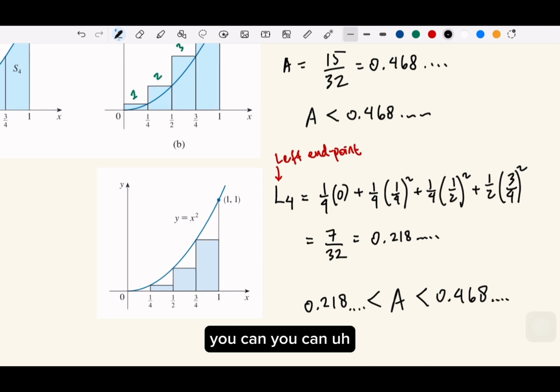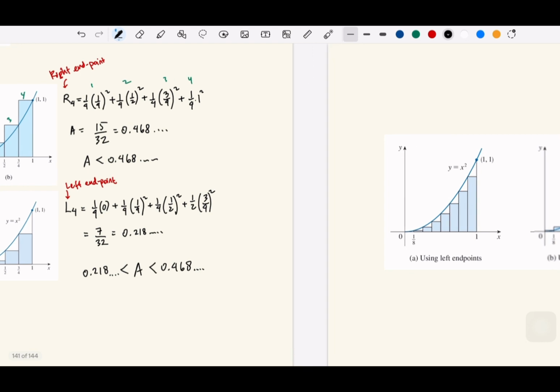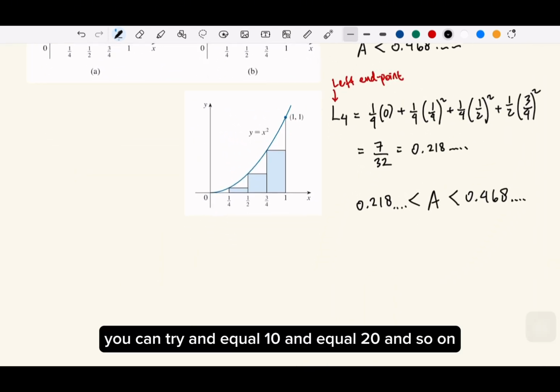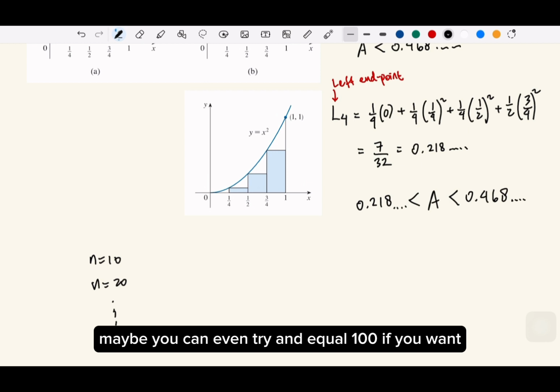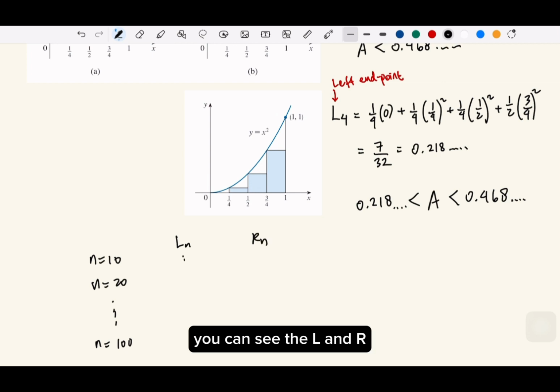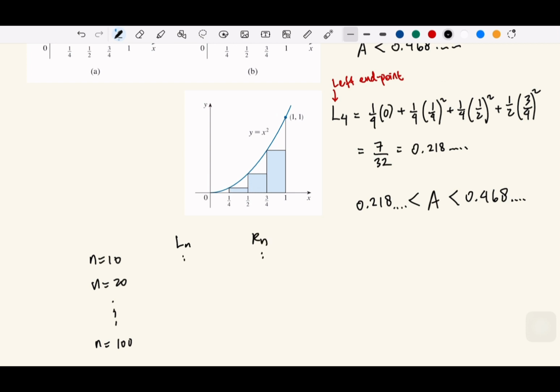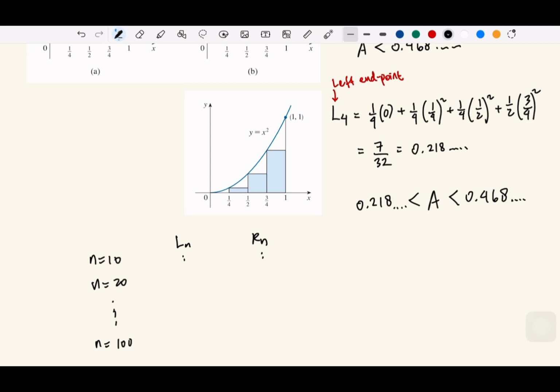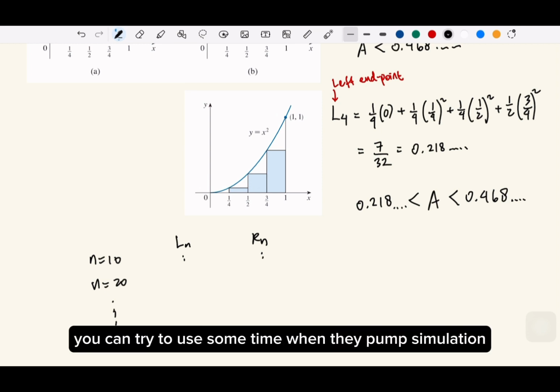You can increase the n. So for example, you can try n equal 10 and n equal 20 and so on. Maybe you can even try n equal 100 if you want. Okay. And then you can see the L and R. Eventually, if you try increasing the n, you can try to use some simulation.